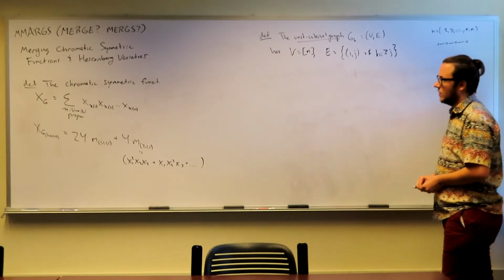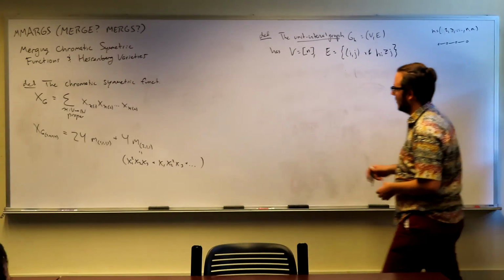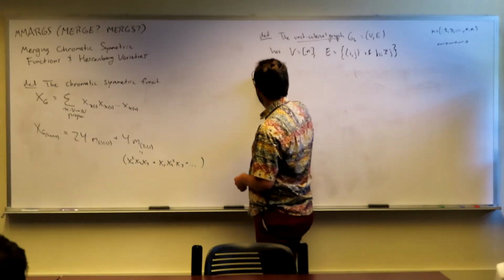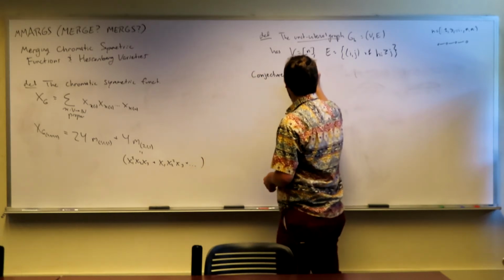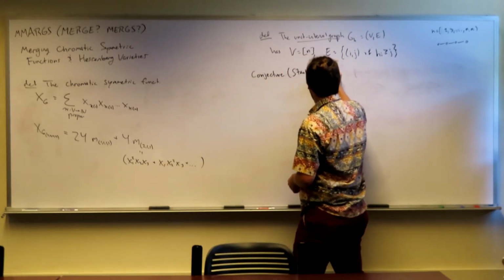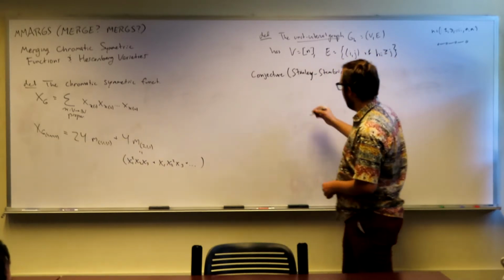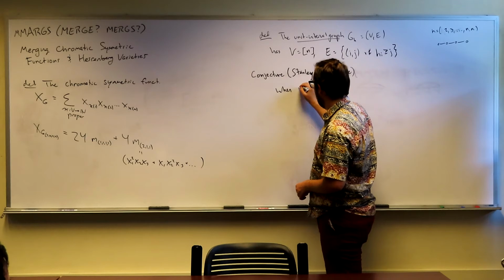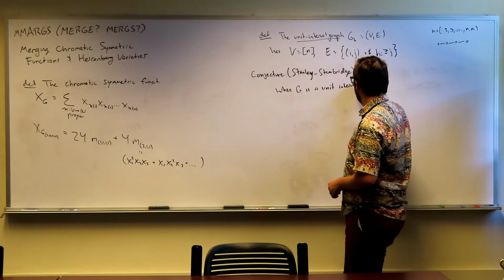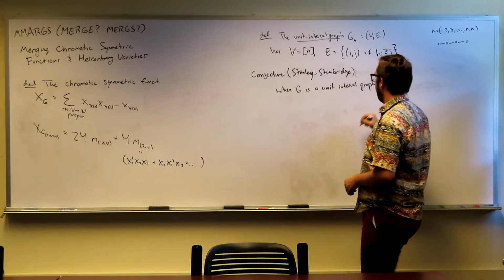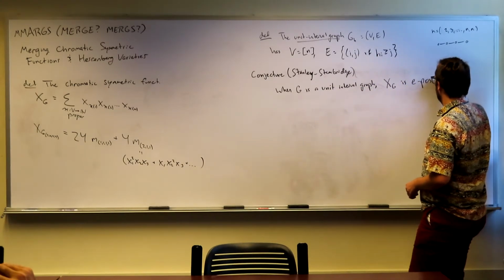Okay, so folks were studying these chromatic symmetric functions, and there's a conjecture by Stanley and Stembridge, which says that when G is a unit interval graph, this symmetric function is E positive.